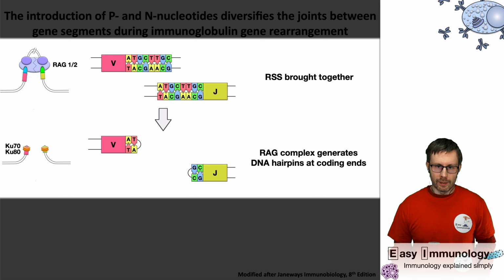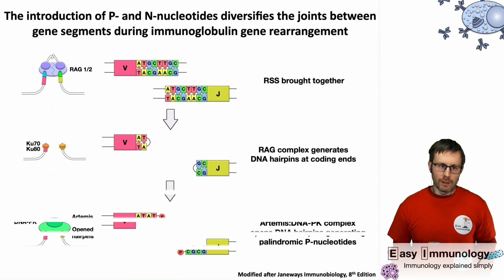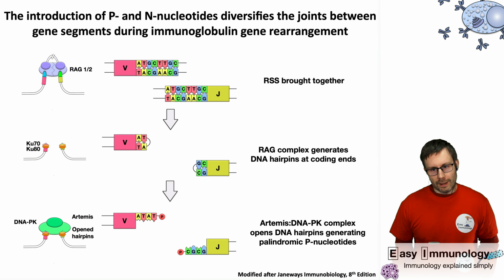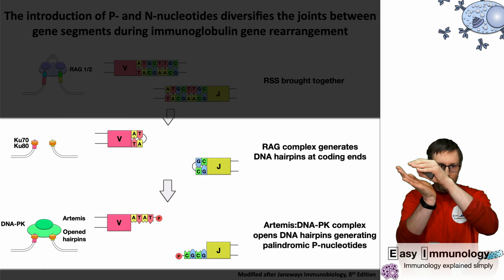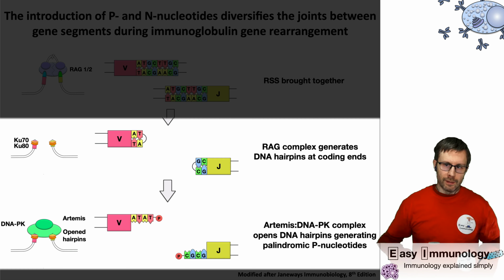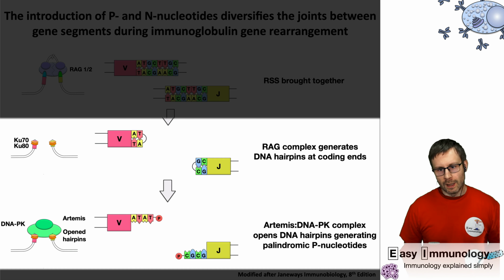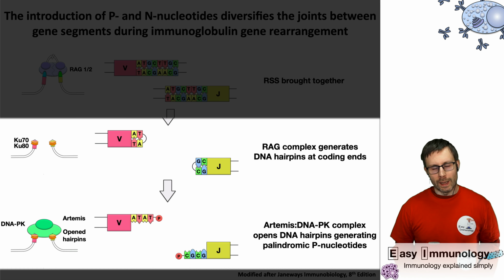These are the RSS stretches that are removed, and now we have these covalently closed DNA hairpins. Then, as I said, these hairpins are opened, and when a hairpin is opened, then the sequence just folds over, and we have a longer strand on one side and one that is a little bit shorter on the other side of the DNA molecule.